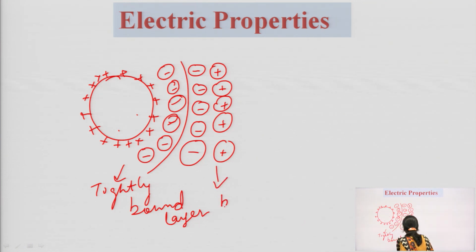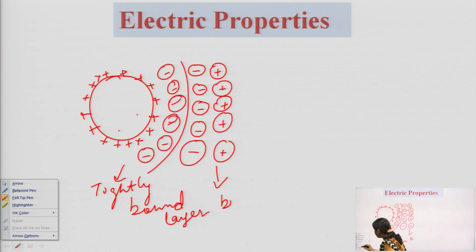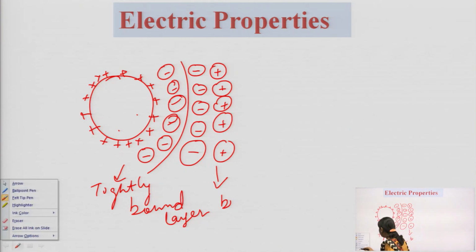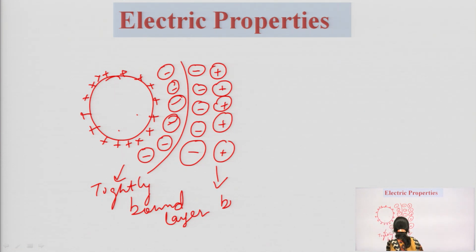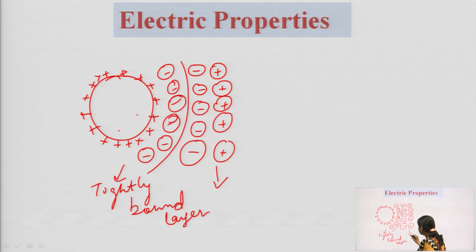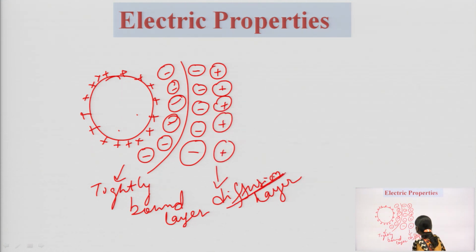And this is your diffuse layer. As this is a diffuse layer, it means these are not tightly bound layers.